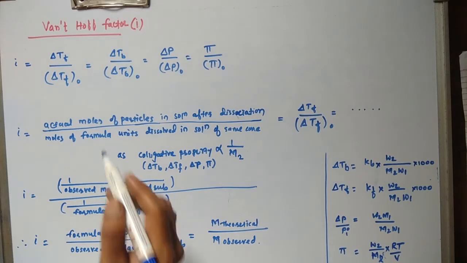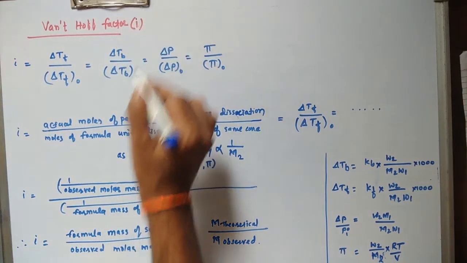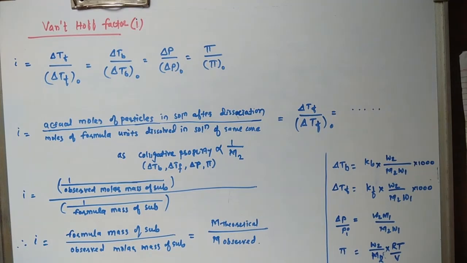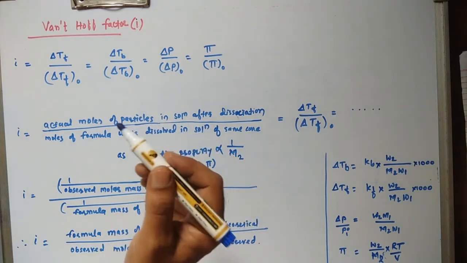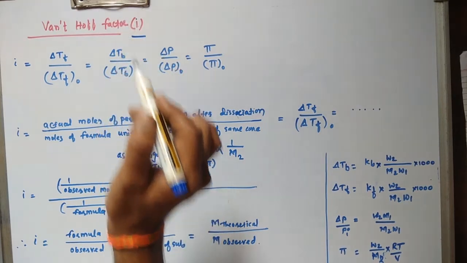Let us study the next point, the Van 't Hoff factor, denoted by i. To obtain the colligative properties of electrolyte solutions, Van 't Hoff suggested a factor represented by i.